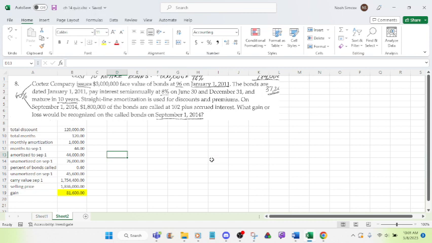Because in 7, he was using all these fancy things to save time on the problem, but the fact that he gave you the 54,000 that was unamortized on a certain day was completely unnecessary. You could have calculated that yourself. And that's the reason why I was so confused.